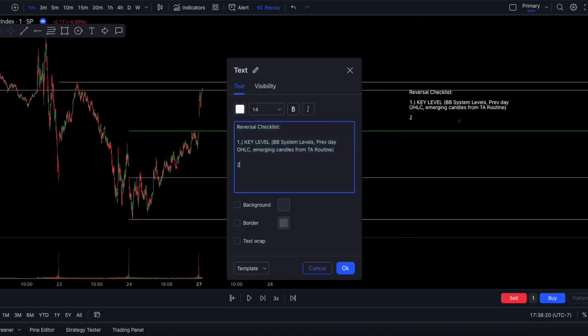Okay, number two on the checklist is we're going to establish our trend, both on the larger time frame trend as well as the smaller time frame. So establish higher time frame trend, establish lower time frame trend.